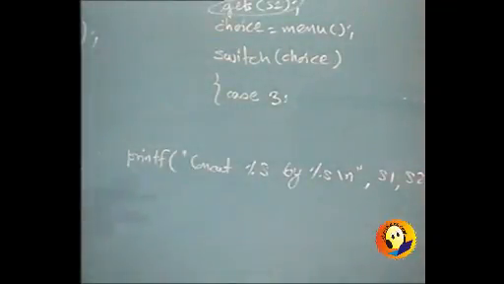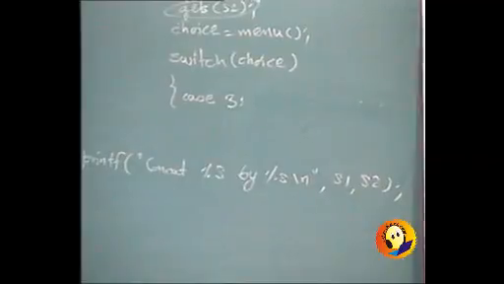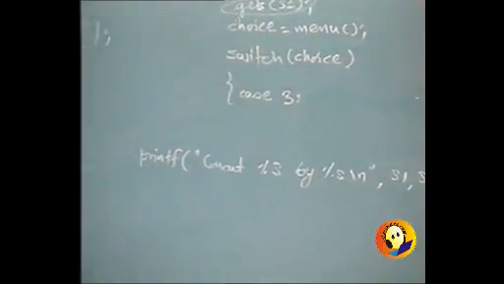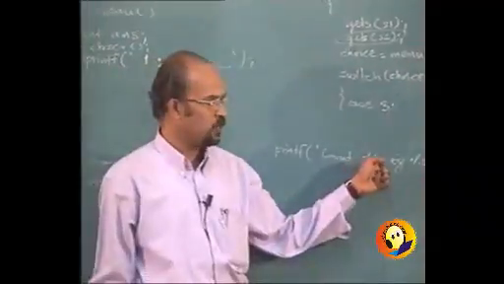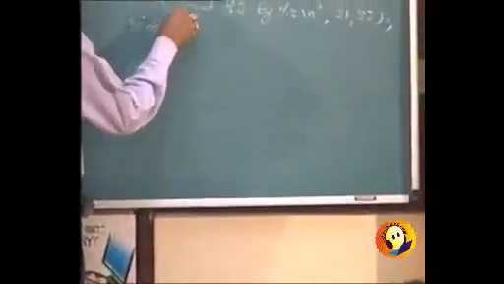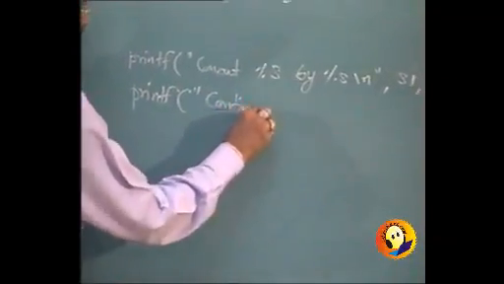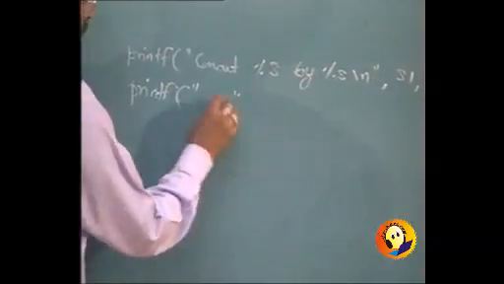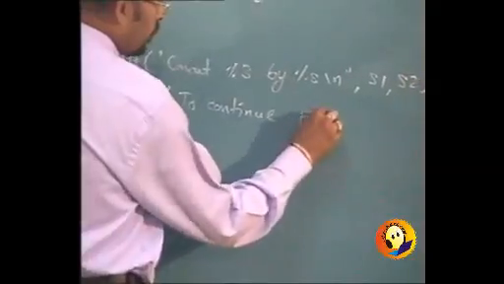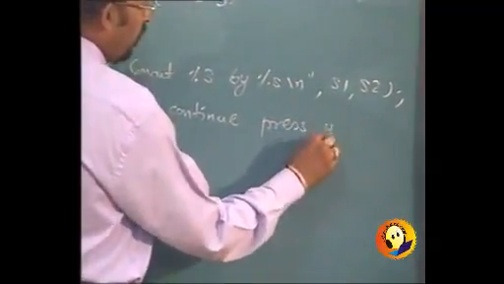So if user has called copy, then both the strings will be identical at that moment. Equal? Even if earlier strcpy was called and both strings were input before, the first one will be overwritten by the second, because he will keep calling menu after menu. In that case he might be required to change the first one or the second one. So we will just say printf to continue press Y.